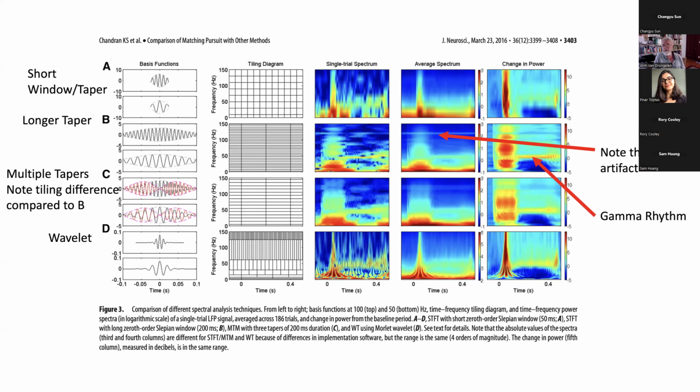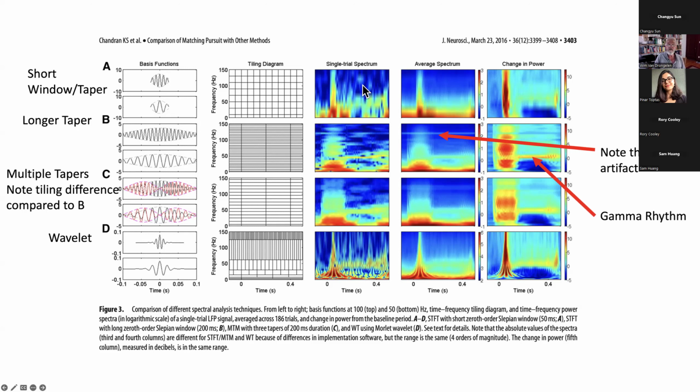The wavelet approach is nice because it actually uses tapers adaptively. For the lower frequencies, it uses long tapers, and for the higher frequencies, it uses shorter tapers. So it means that higher frequencies are more precisely determined in the time domain. Of course, the disadvantage is they're not as precisely located in the frequency domain.